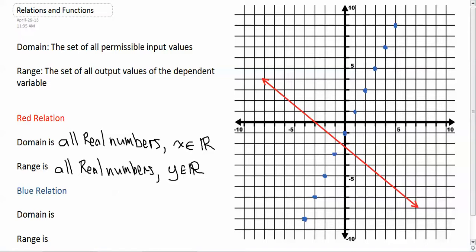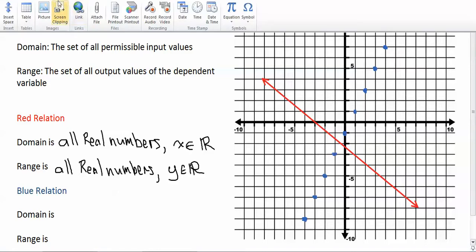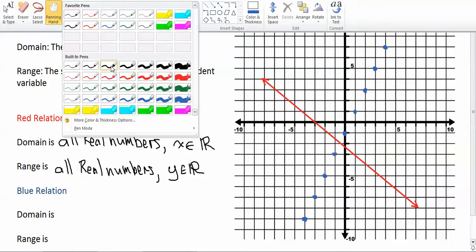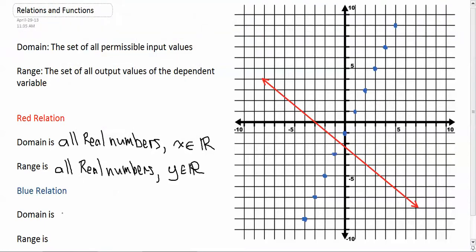So because it's not continuous, we can list all of those values. So I'm just going to get my drawing tool out here, get a good thickness. So what we say is x is the set, and we start at -4, -3, -2, -1, 0, 1, 2, 3, 4, and it goes all the way to 5.